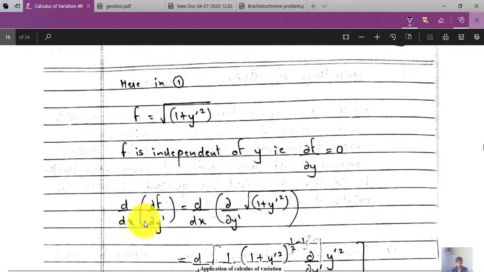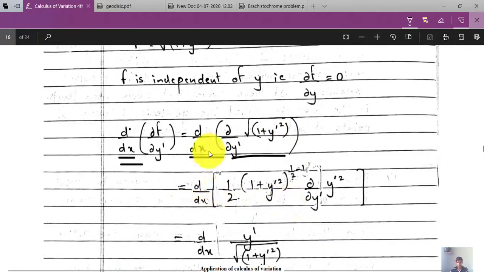Therefore we need d/dx of ∂f/∂y prime. So you differentiate f partially with respect to y prime, that is the square root of 1 plus y prime square. Now, the square root sign gives a power of 1/2, so it is of the form x raised to n.